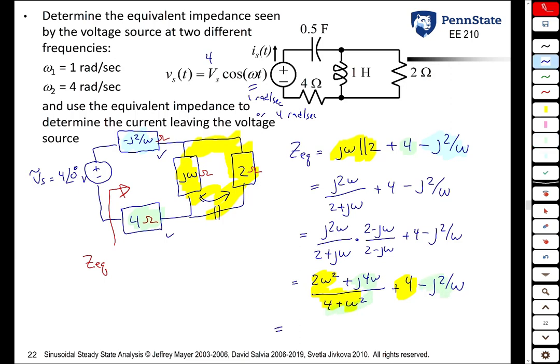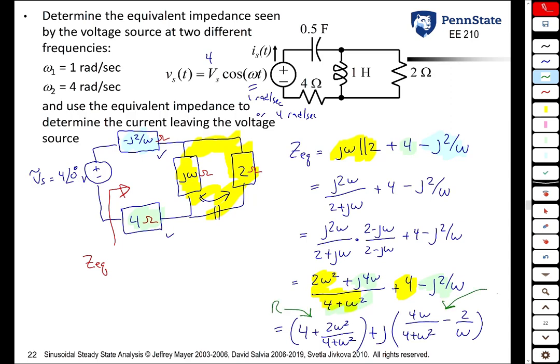So that equals (4 plus 2ω squared) over (4 plus ω squared) plus j times what? 4ω over (4 plus ω squared) minus 2 over ω. So this becomes our R, and this term in parentheses becomes our X.